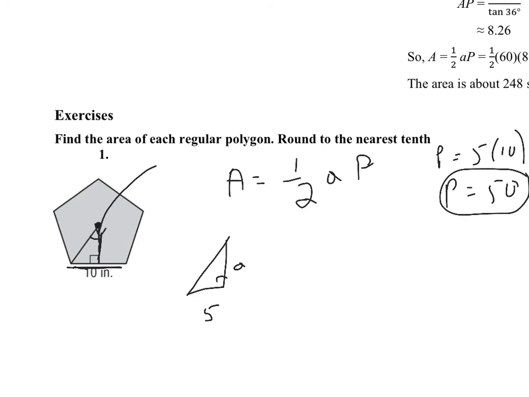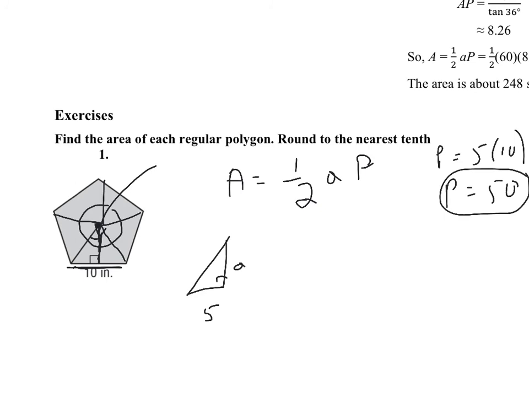Think about this. You can divide this into 1, 2, 3, 4, 5 triangles. So we have 5 triangles, and each central angle is the same. So the total here is 360.